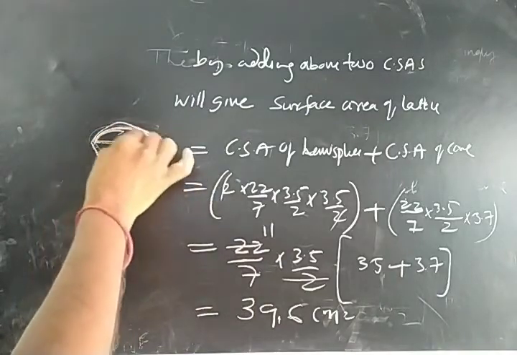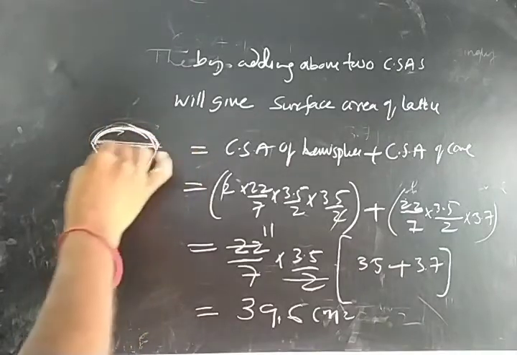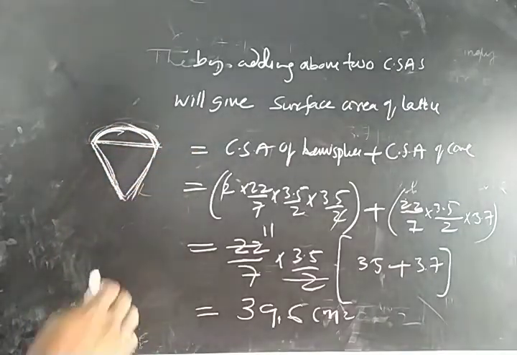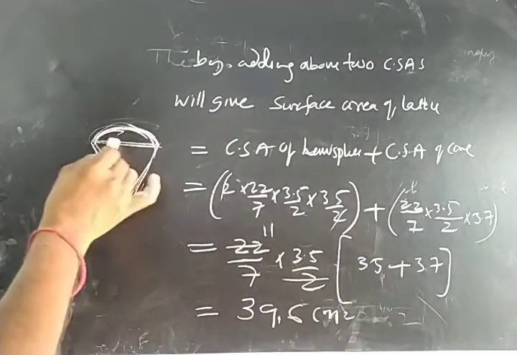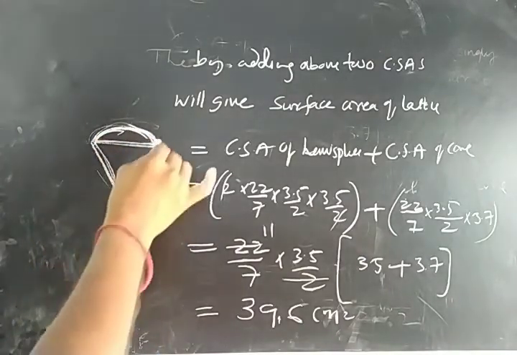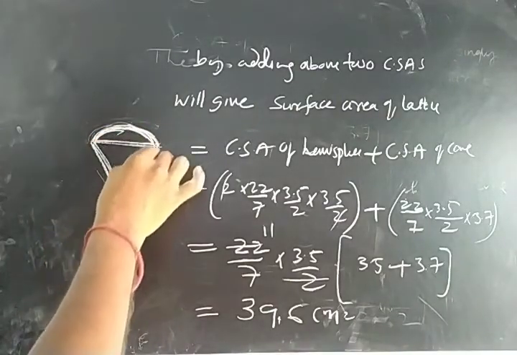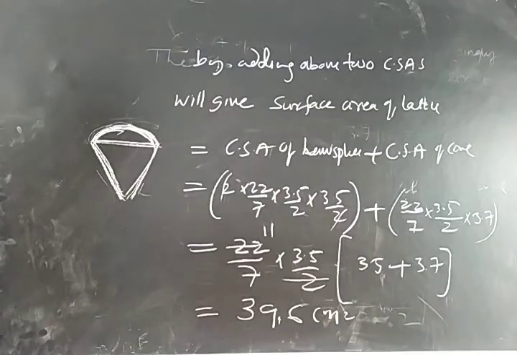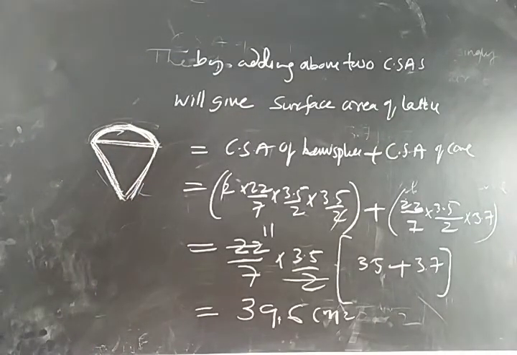Because we are finding these outer surface areas, and only this area is required. So we are adding only CSA. We are not finding the inside area, only the outside area. The outside area will give the CSA of the hemisphere and the CSA of the cone. By adding the two areas, you get the surface area of the plaything top.